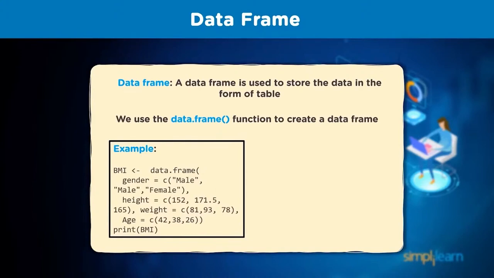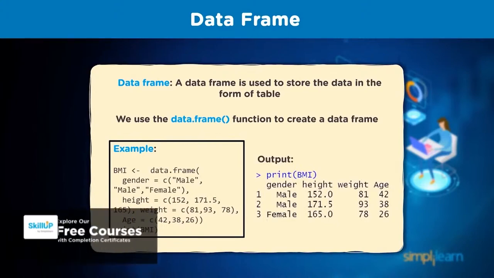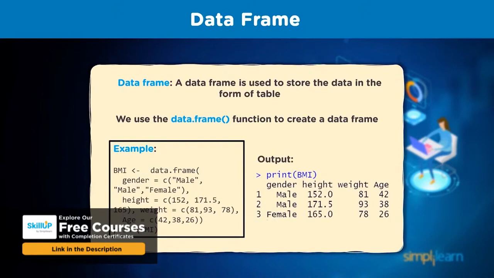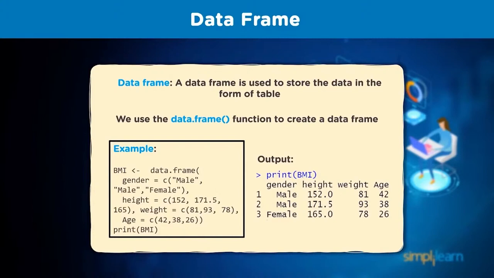Here we look at the body mass index, BMI, where we are using a data.frame function, and then we are passing in, say, gender. So we use the c function to pass in the values, and then you have height, and then you have weight and age. And these things then become the columns of your data frame.